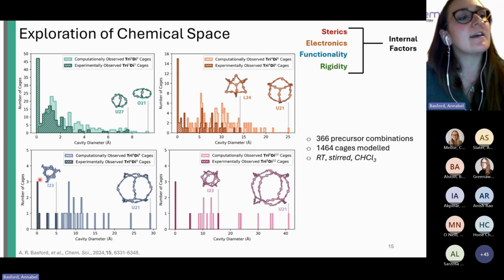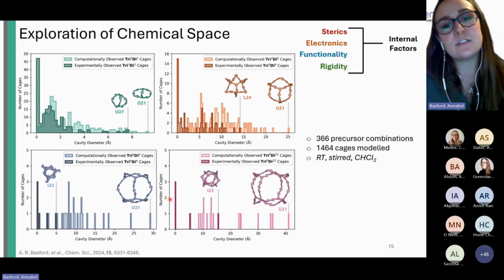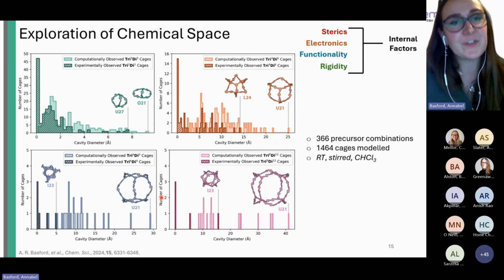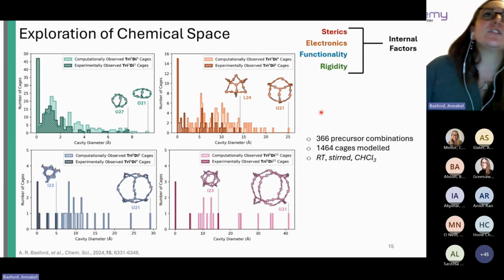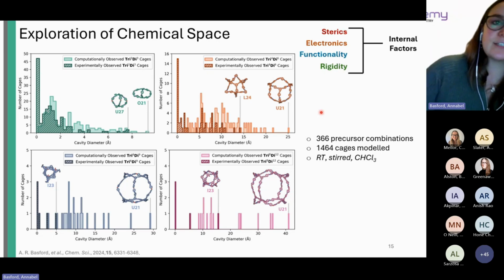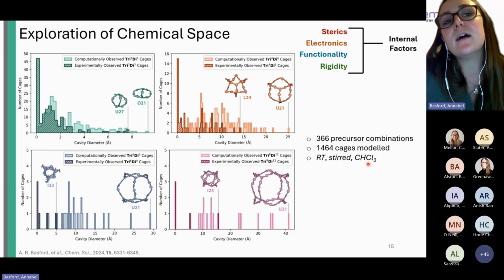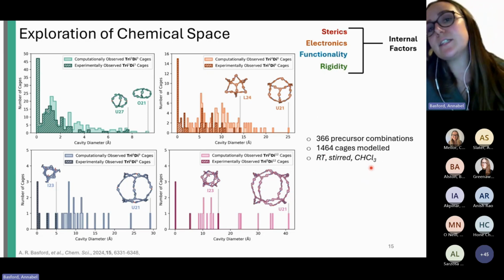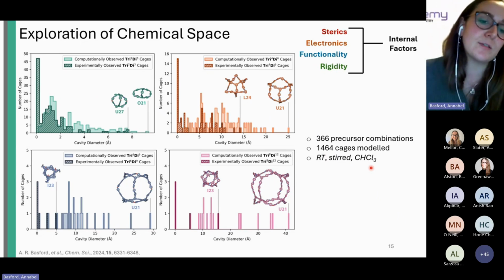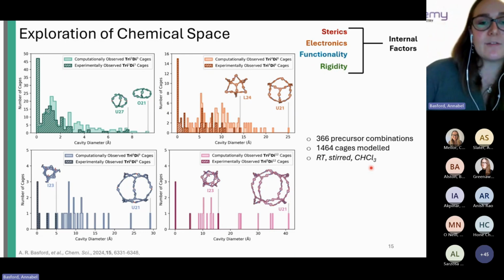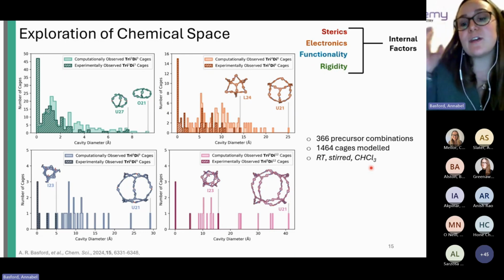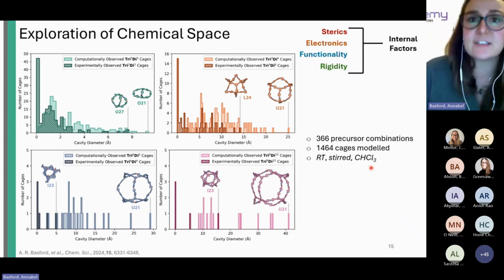And we can see that there is a big gap between the ones we experimentally observed and the largest ones we predicted computationally to be shape persistent. So maybe we're not accessing these larger, more porous structures because we're still only conducting this workflow under one set of conditions, i.e. we're not accessing our chemical space enough. But in the future, this automated workflow can be adapted for the screening of external factors as well as internal factors.